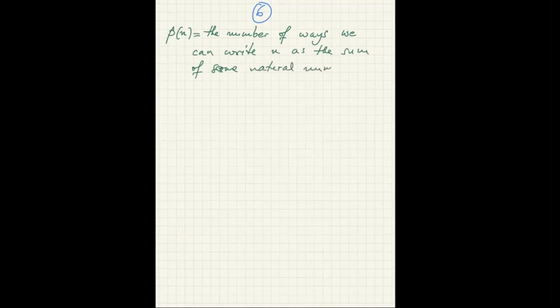This is the number of ways we can write n as the sum of some natural numbers with order not important.